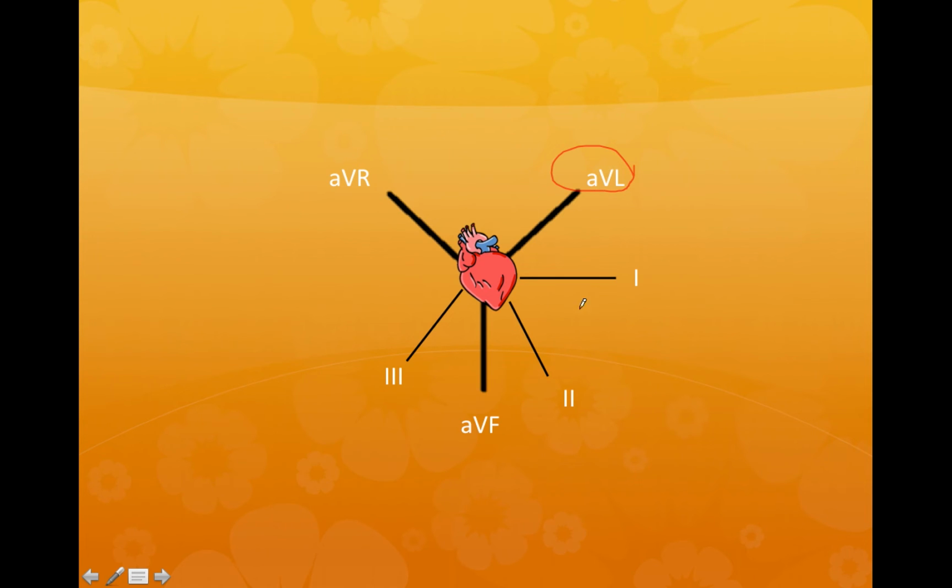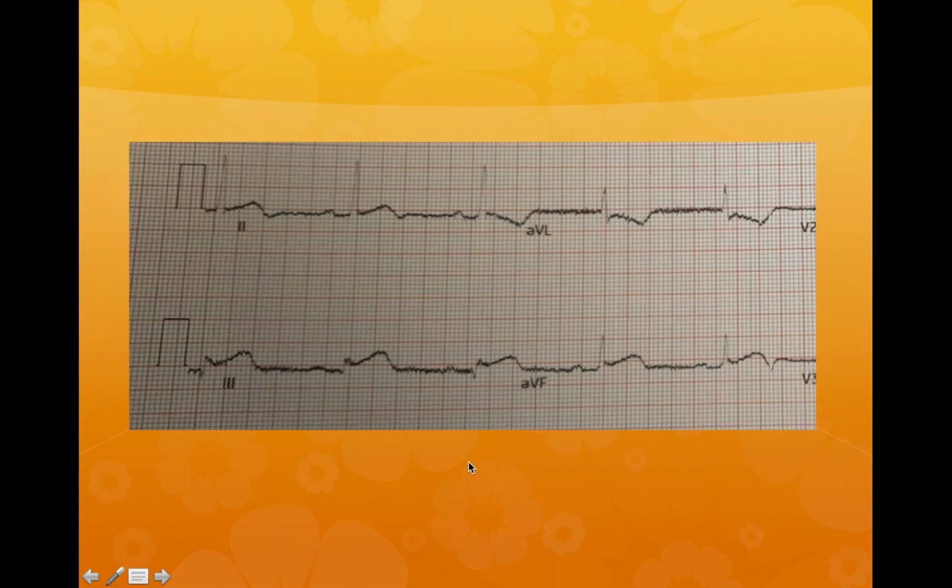So instead of seeing, as we see here, the injury current flowing towards the inferior leads, AVL will project the injury current flowing away from it, and therefore instead of ST elevation, what we'll have is some poorly drawn ST depression. So we need to be very careful about actually saying that ST depression is subendocardial ischemia.